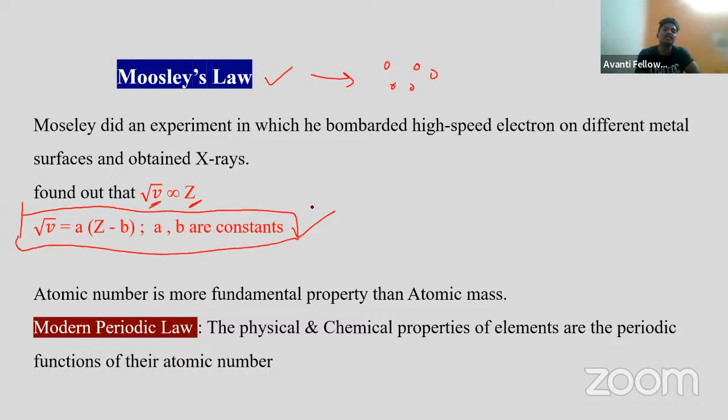In your NEET, KCET and JEE exams, Moseley's equation has been given. On the basis of the experiment, he took certain metals like sodium, magnesium, potassium, and passed X-rays on the metals.